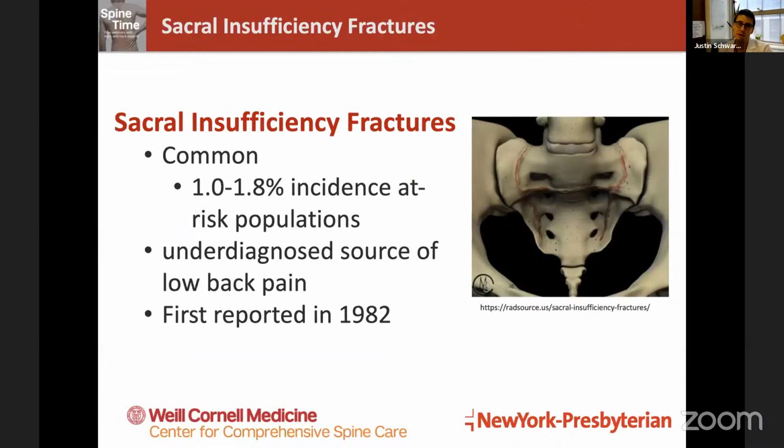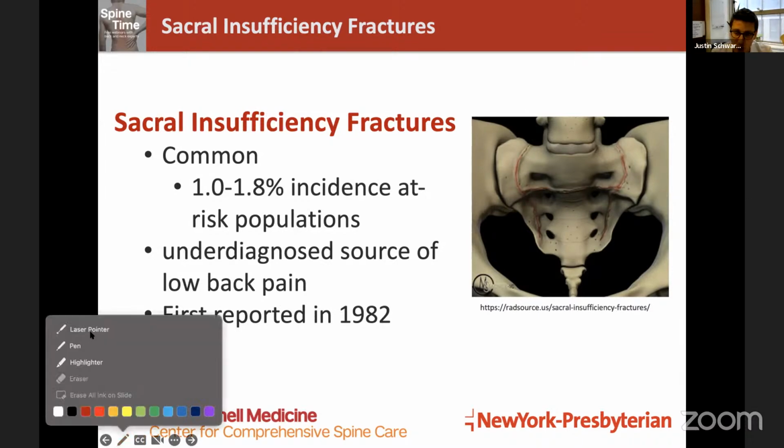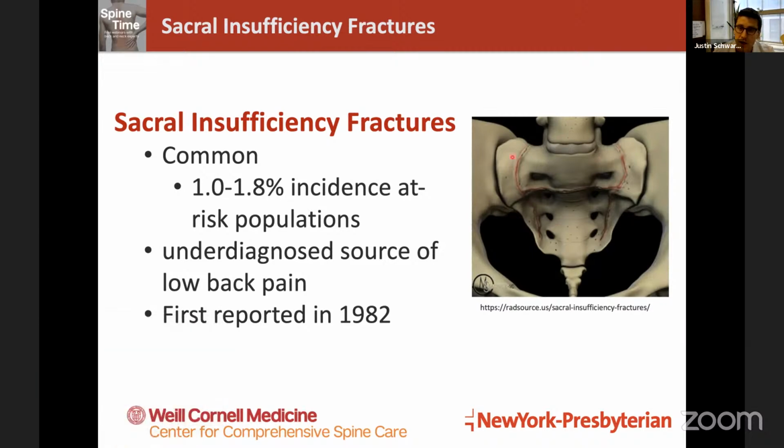And that can result in very, very small fractures of the sacrum, or as you can see, sort of the wings of the sacrum if you look at the image on the right here. So kind of where those red lines are, that's the most typical location of these kind of fractures.